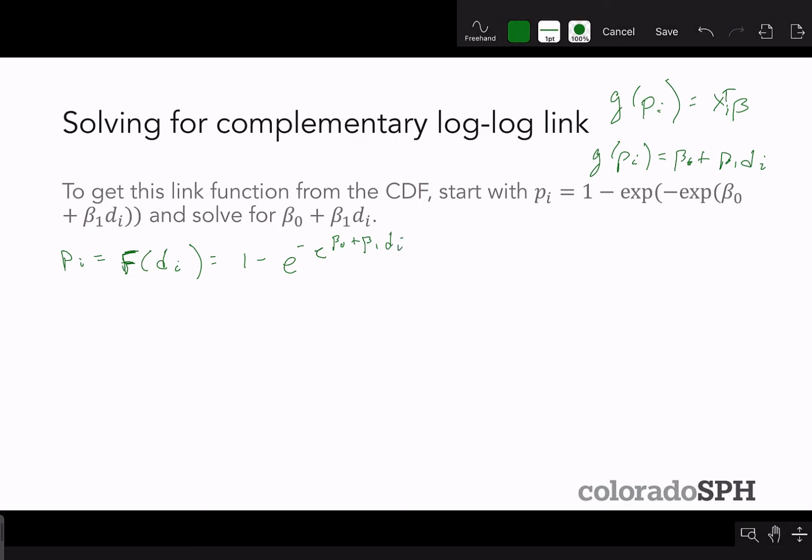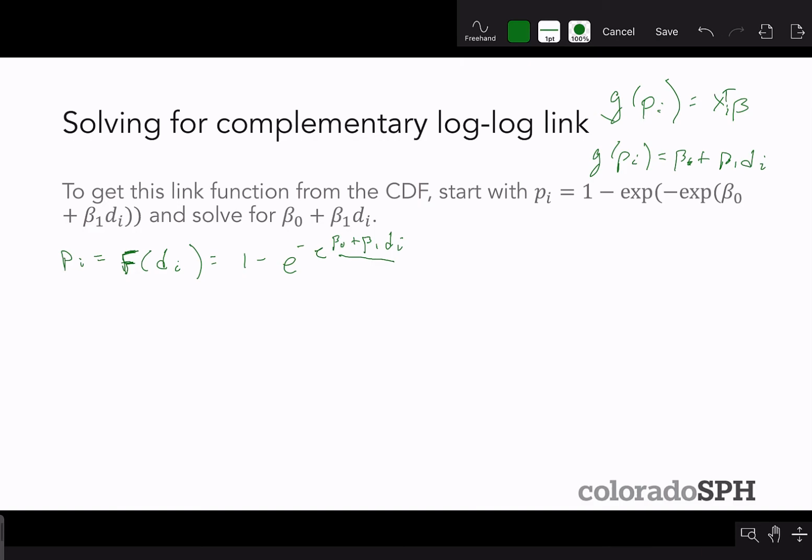So to figure out what the link function is, the g, we just want to solve for this term here, what is called the linear predictor. So we want to isolate that.